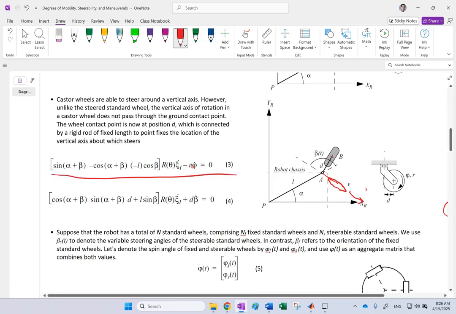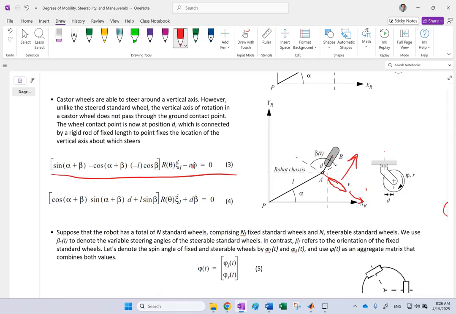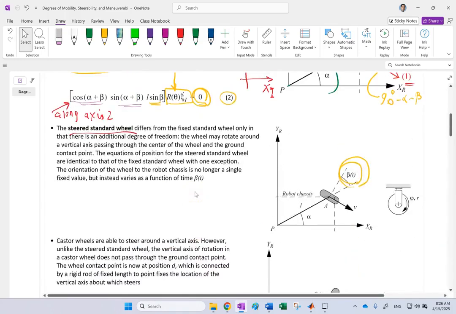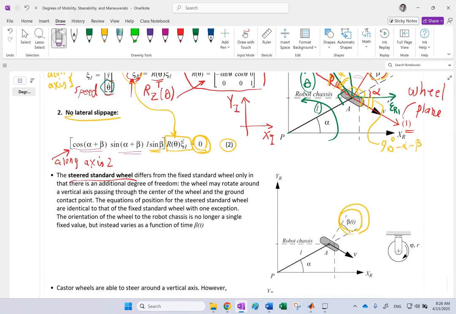The only difference is along this axis here, along the axis of the wheel, that basically, if you remember, when we looked at these components here, look.